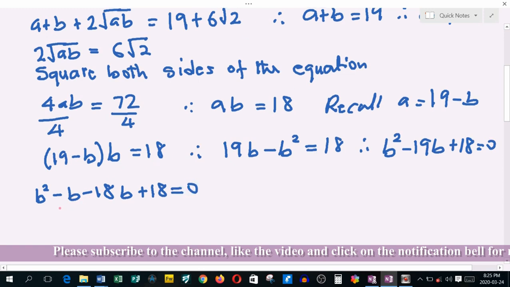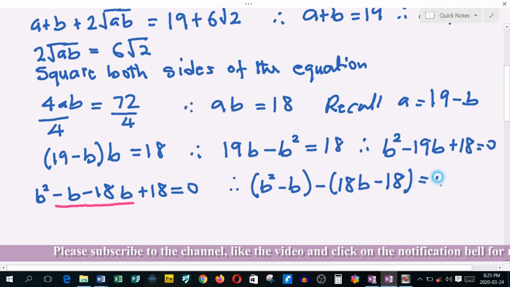You can see that minus b minus 18b is the same thing as minus 19b. So we factorize. This will give us b squared minus b, minus into 18b, minus 18, all will give us 0.